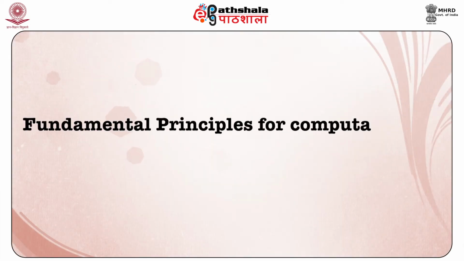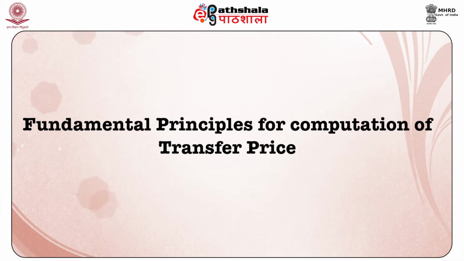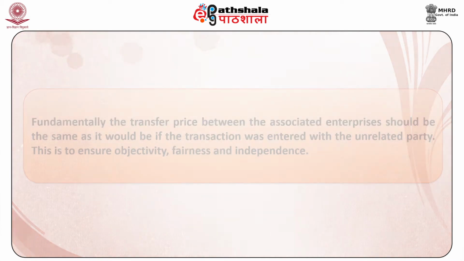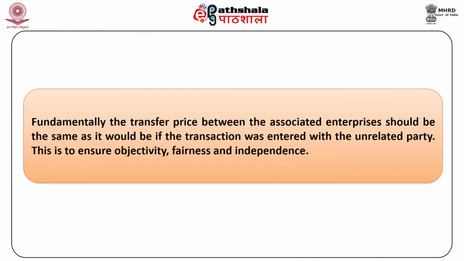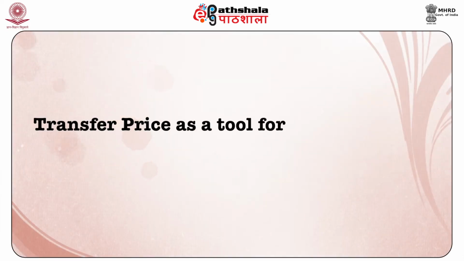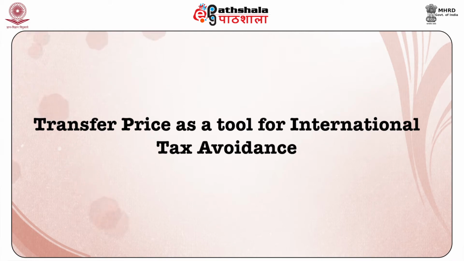Then we have fundamental principles for computation of transfer pricing. Fundamentally, the transfer price between the associated enterprises should be the same as it would be if the transaction was entered with the unrelated party. This is to ensure objectivity, fairness and independence. Transfer price as a tool for international tax avoidance.